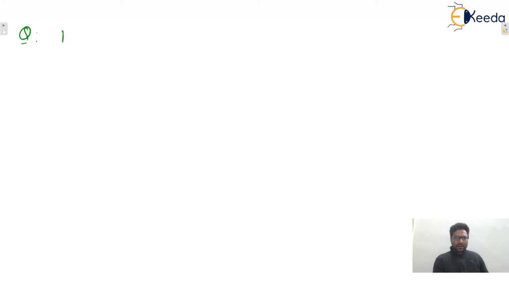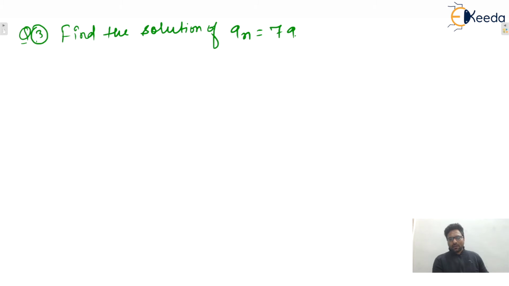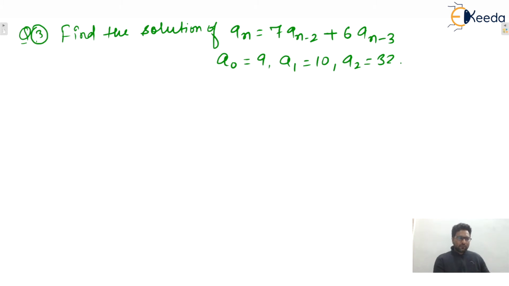Find the solution of a_n equals 7a_{n-2} plus 6a_{n-3}, where a_0 equals 9, a_1 equals 10, and a_2 equals 32.